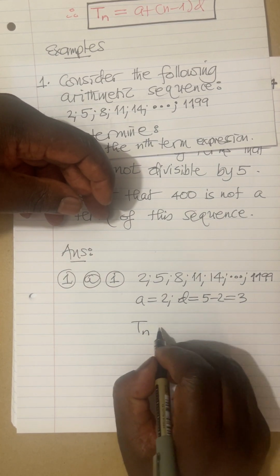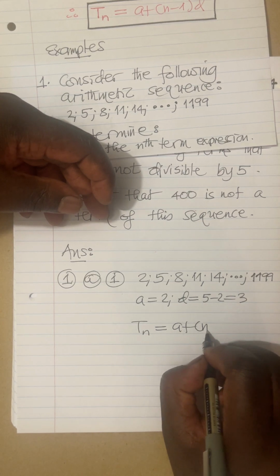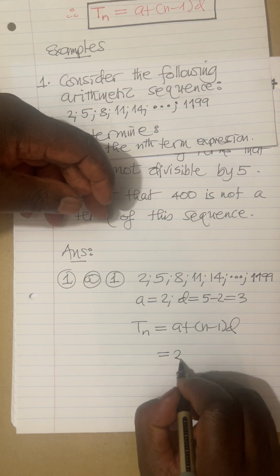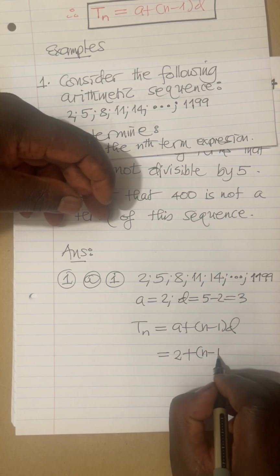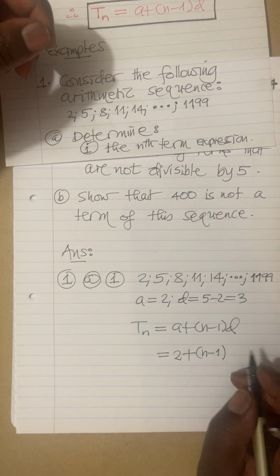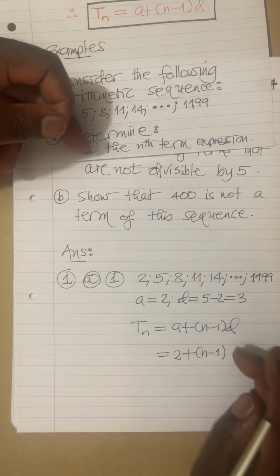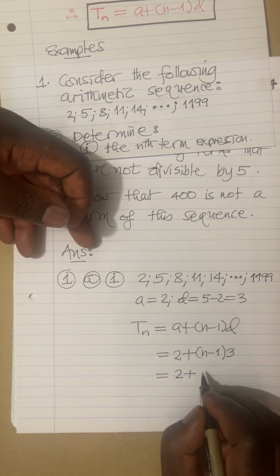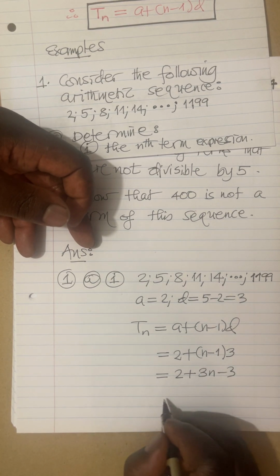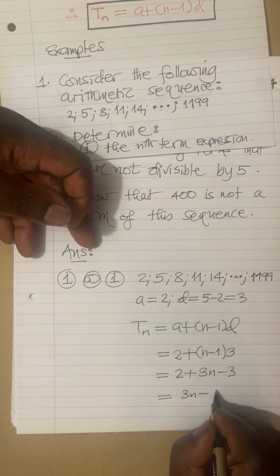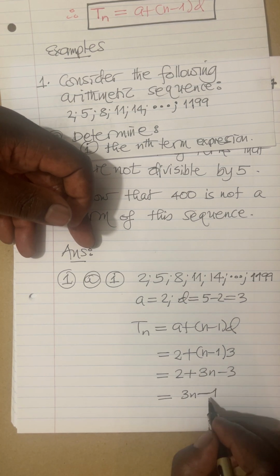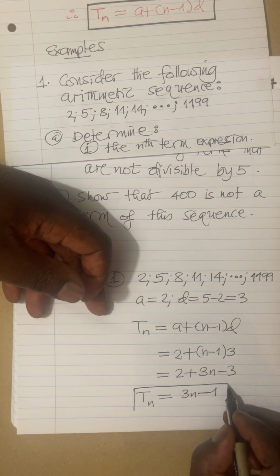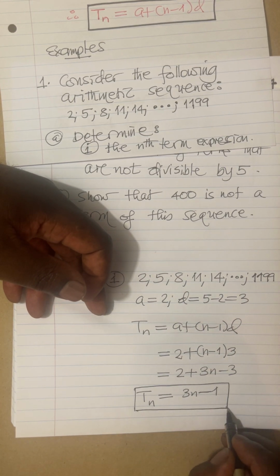The formula says T subscript n is a plus n minus 1 times d. What is a? Our a is 2 plus, because they're saying we must find the nth term formula or expression, we know our answer must contain n. What's our common difference? 3. Let's simplify this. This is 2 plus, expand that, 3n minus 3. And you'll agree with me that this is 3n minus 1, because 2 minus 3 is minus 1. So T subscript n equals 3n minus 1 is the nth term formula that the question requires us to determine.